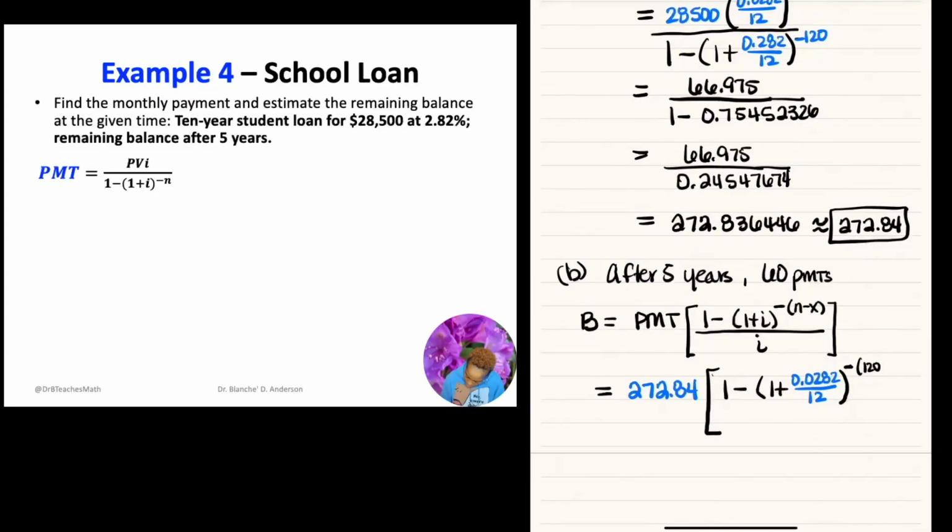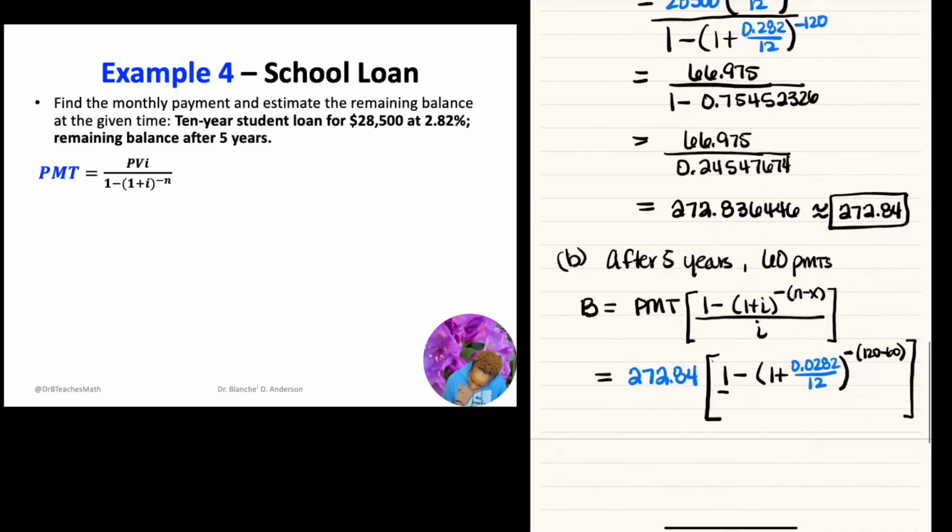So 120 minus 60. Okay? I know I'm running out of room. And that divided by 0.0282 divided by 12. So we plugged in everything: the payment, the i, and then the n and the x.